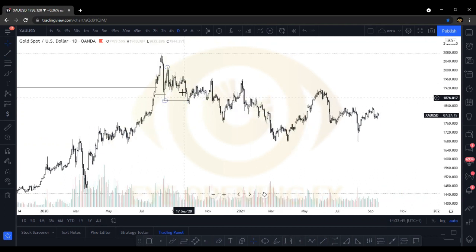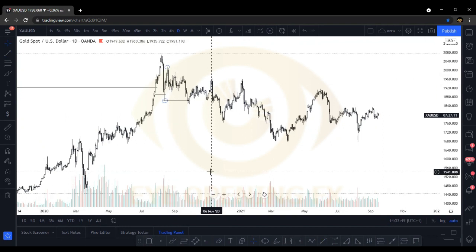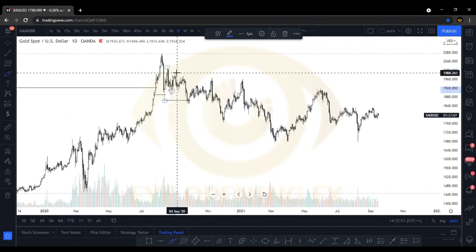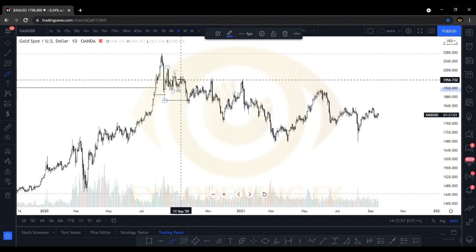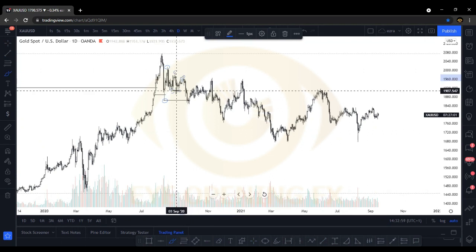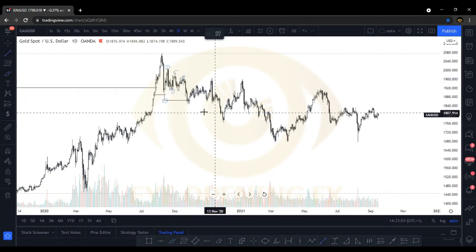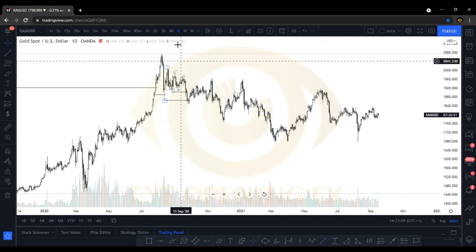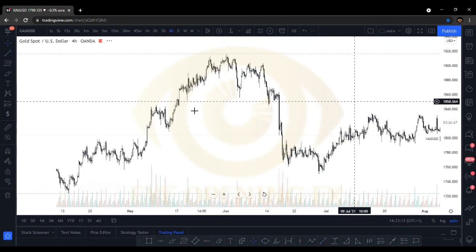Now, since we have gotten a break of structure, you understand here that there is internal structure: a lower low, a lower high, a lower low, a lower high. Okay, this is not lower. So this is the last low we have here within the internal structure range. Since this is that, now we have to go back to the area so that we see it clearer.